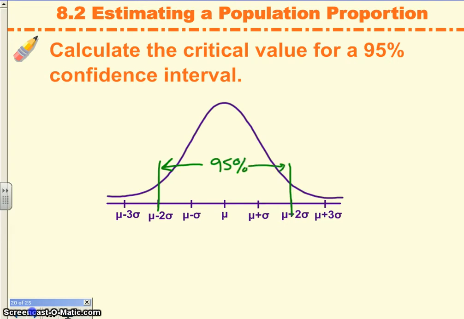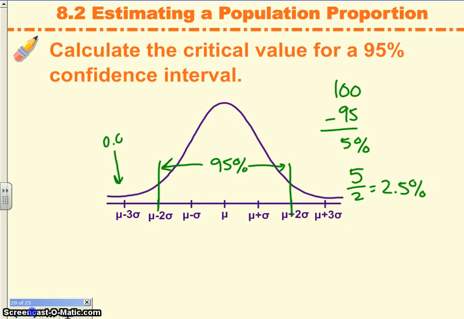If that's the case, then there's 5% data left over for the 2 tails. There's 2 tails, so I'm going to divide that by 2. That means 2.5% of all possible values are in each tail. As an area, that looks like 0.025 on either side.